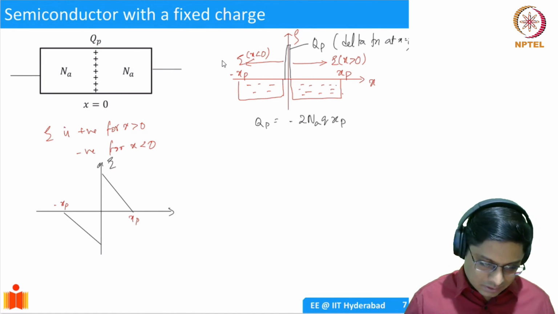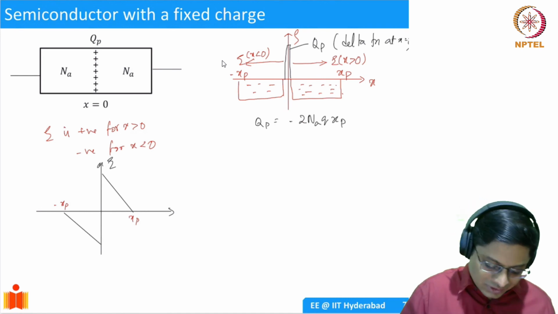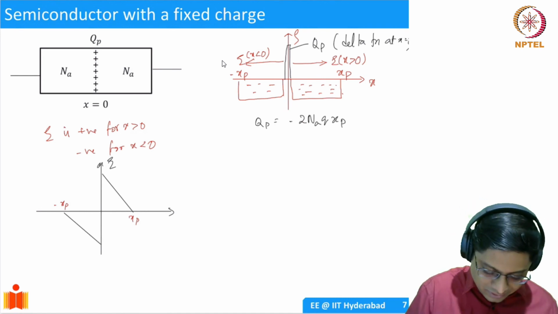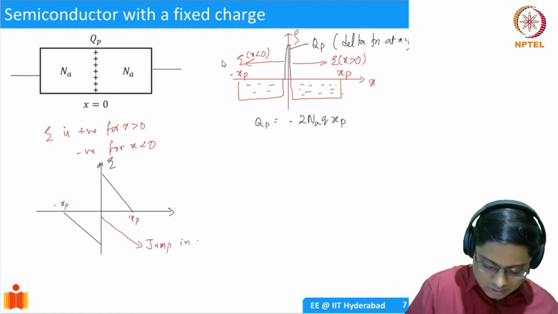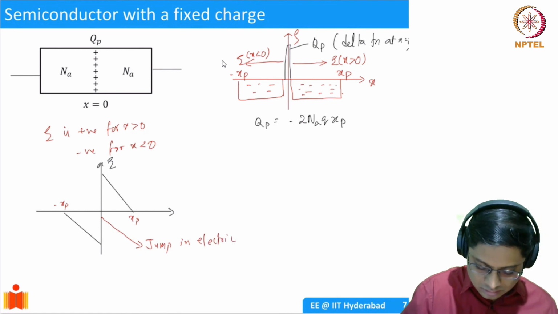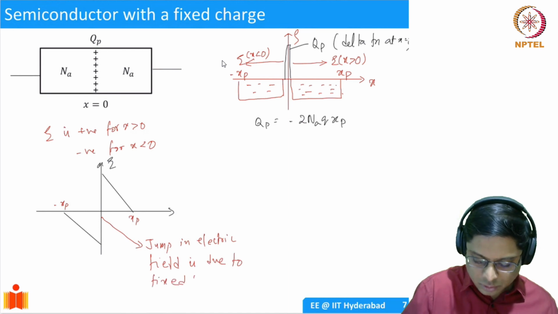And then what is the jump? This jump here, right? This jump in electric field is due to the fixed QP.